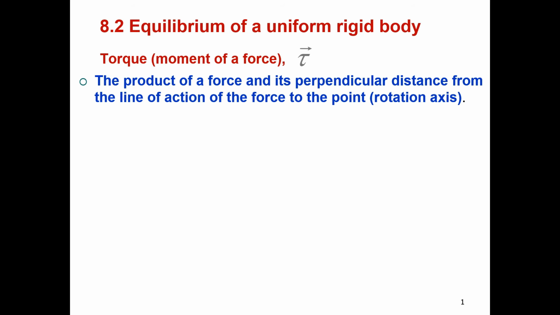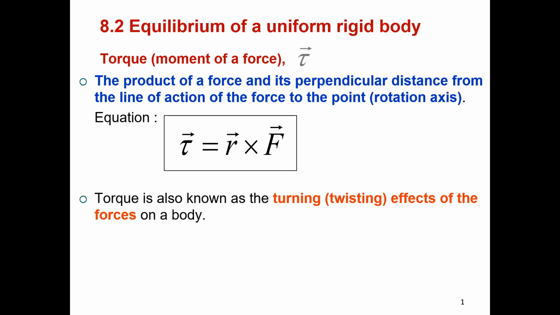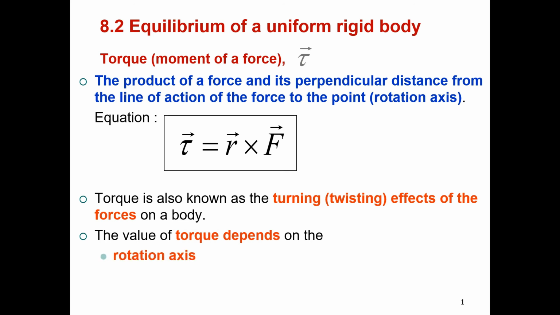The equation for torque is torque equal to cross product between r and F. Torque is also known as a turning or twisting effect of the force on a body, where the torque will depend on rotation axis and also the magnitude of applied force.